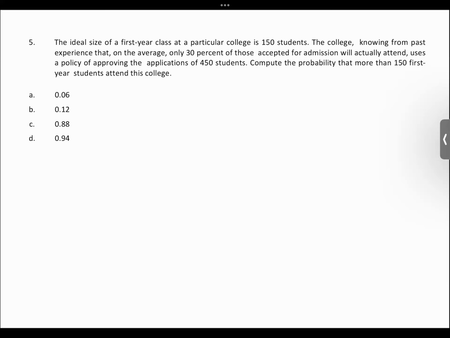The ideal size of a first year class at a particular college is 150 students. The college, known from past experience, on average, only 30% of those accepted admission will attend the class. Probability is 30%, which is equal to 0.3. Let X be the number of students who attend.